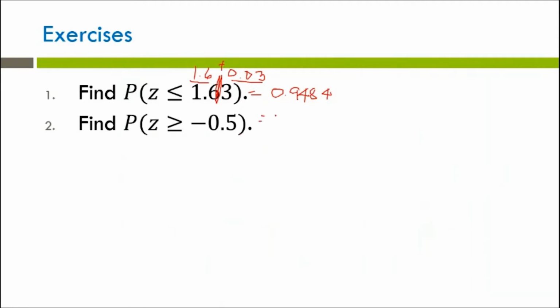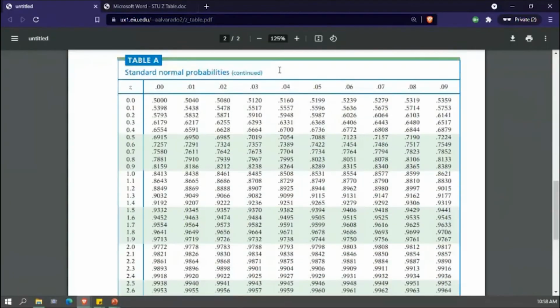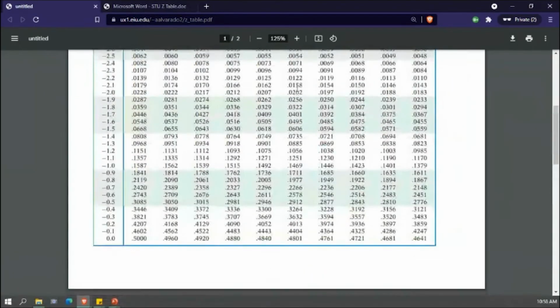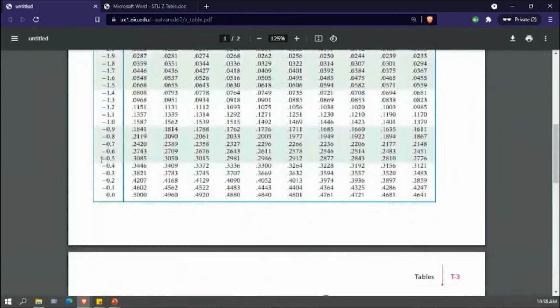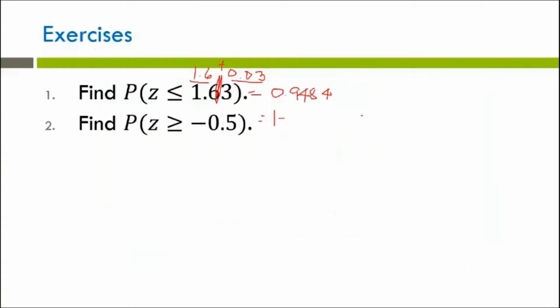Next is z greater than or equal to negative 1.5. You have to take note that we will subtract it from 1. So we'll have to find the probability of z that is less than or equal to negative 0.5. Here, that's 0.3085.